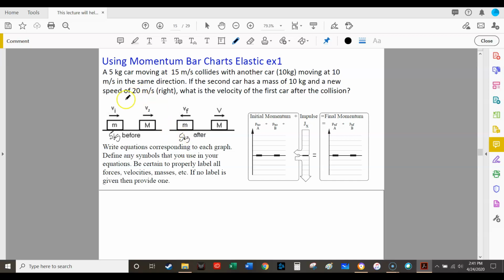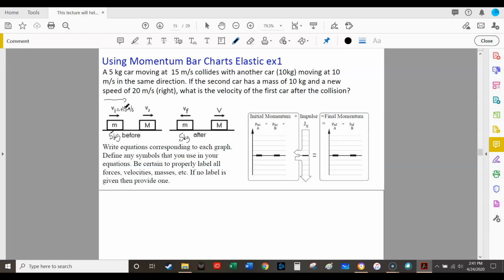Okay. So before the collision, this has a velocity to the right of 15 meters per second, right? Well, that means that it had an initial momentum, which is 5 times 15. So what is that? 2, 4, so 6.